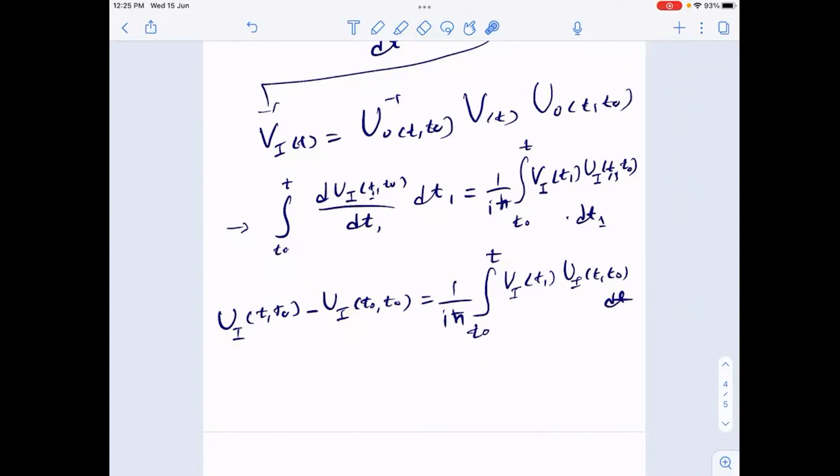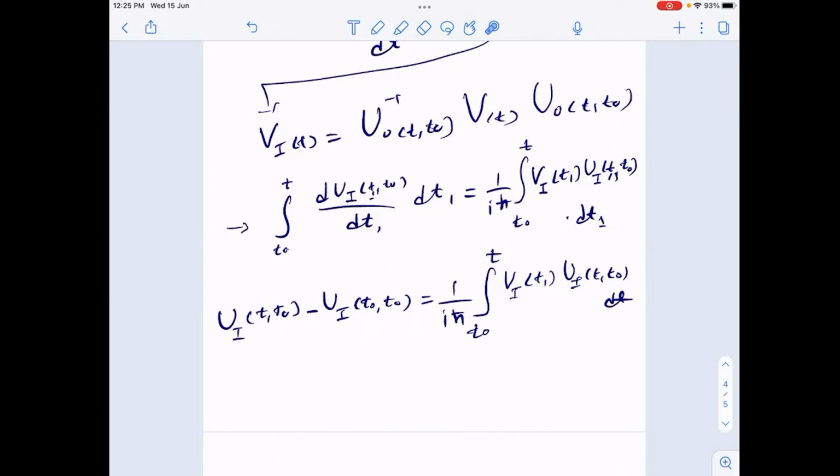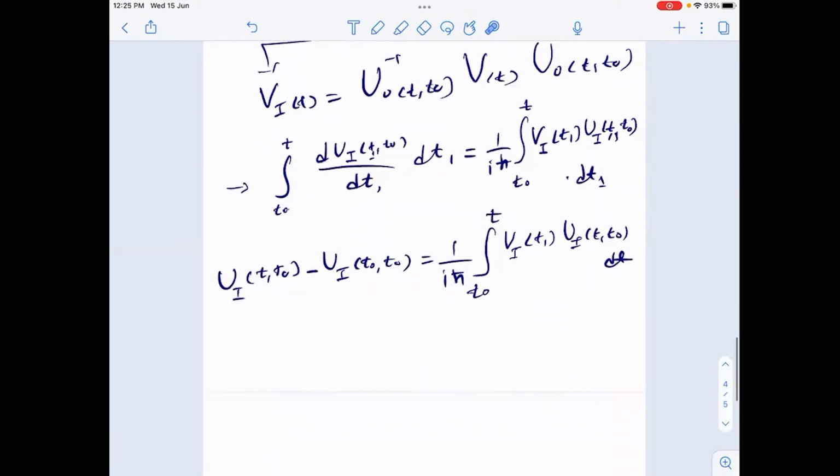That would be the identity operator. Exactly, because it's a unitary operator. So we will use that here. You can mention that we will substitute this with identity, that is 1. That will be very helpful and it will simplify the process further.